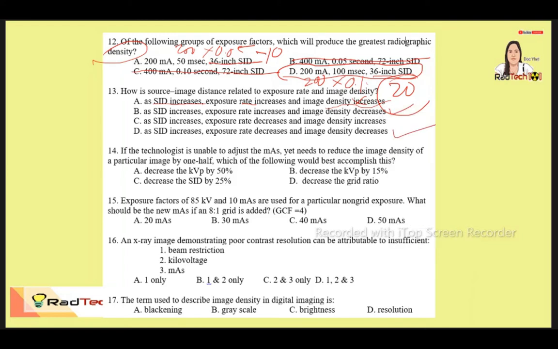So, eto na lang, yung B and D. So, titingnan natin yung B. So, SID increases, exposure rate increases, image density increases. Yes, correct. How about ang D? So, exposure rate decreases. So, this is wrong. So, mas mabilis na rin yung ating exposure. So, the correct answer is letter B. So, increase ang exposure rate, at the same time, decrease ang density.